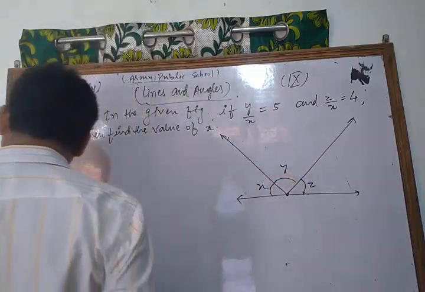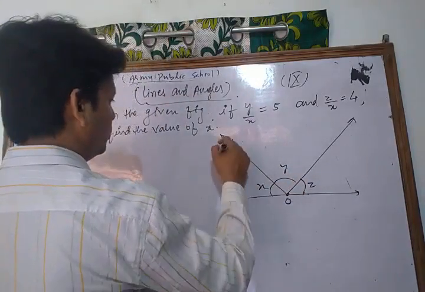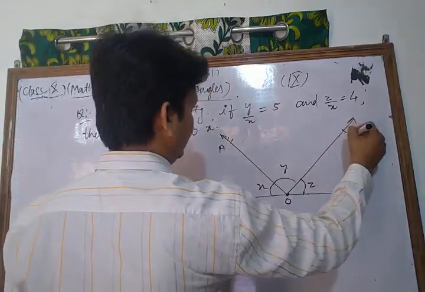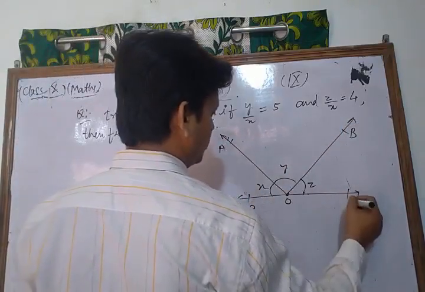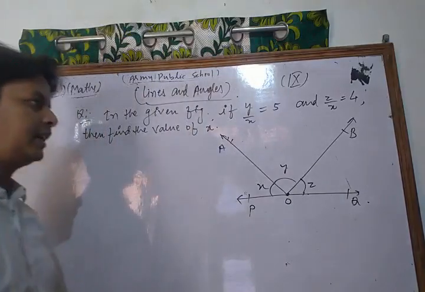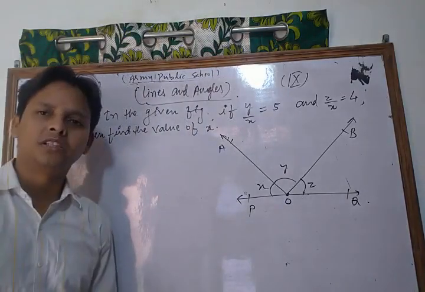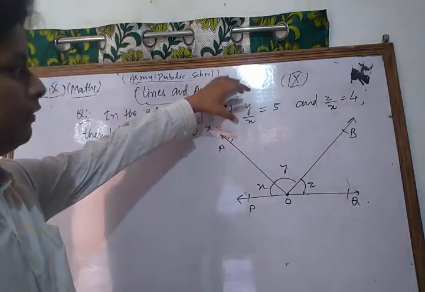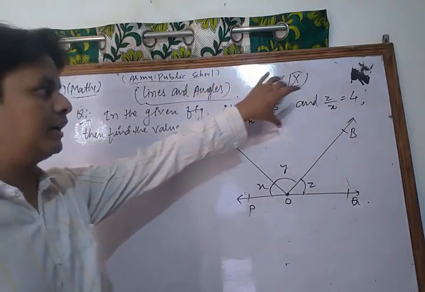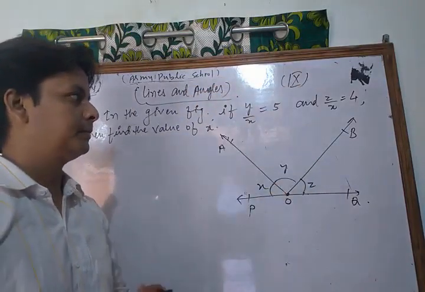And this is O, A, B, P, Q. Here POQ is a straight line and rays OA and OB stand on it. Now here we have the relation between these, and we find the value of x.